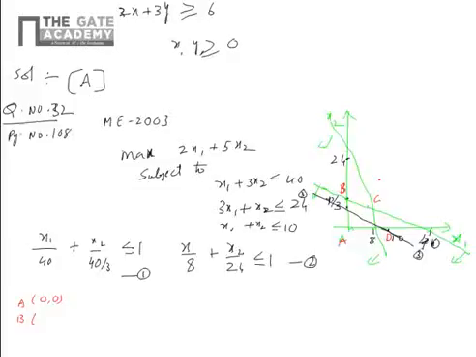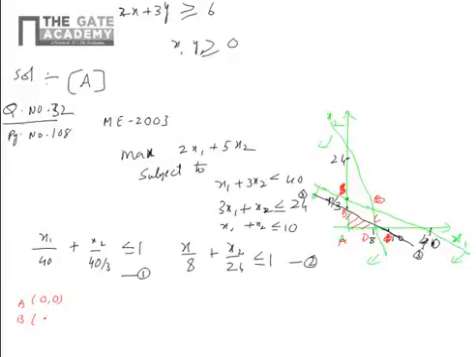So the area below those three constraints is the feasible area, and this one is not B. Now this is B, this is C, this is D. Sorry for that.